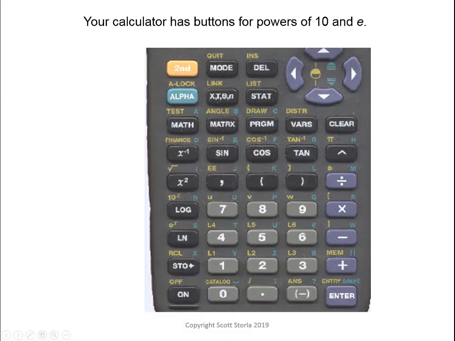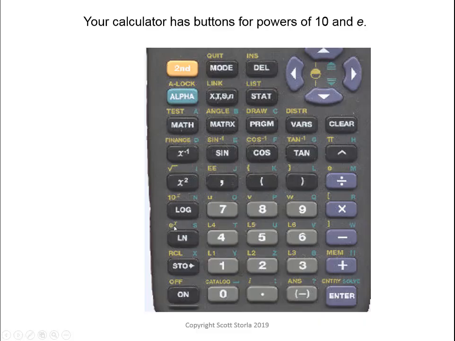Now on your calculator, you have two buttons for powers of 10 and powers of e. And to access them, you first have to find your log and ln key. And then notice above the log key, you have a little 10 to the x. And above the ln key, you have a little e to the x.